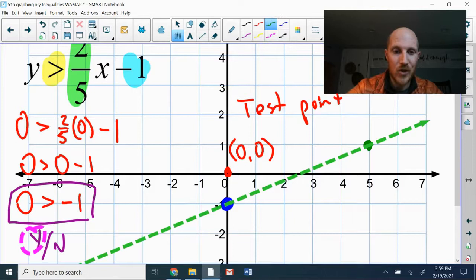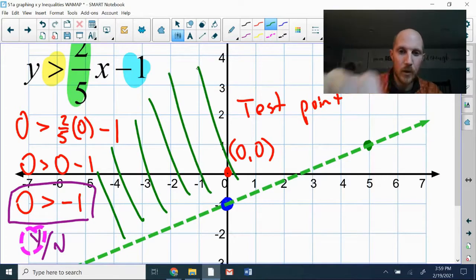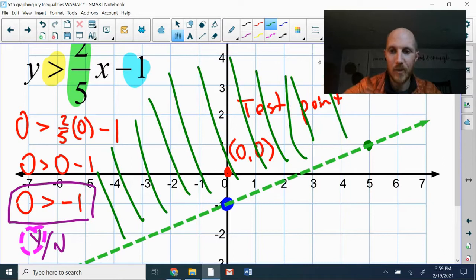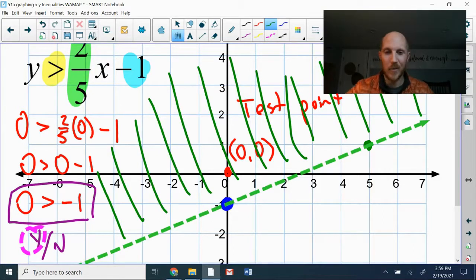So I'm going to go ahead and shade the part of the graph where the test point is. The test point is above that green line, so I would shade above. I won't go over that work there, but I don't need to keep that test point there, so I'll just shade over the top of that. And if you want to fill this in totally solid, be my guest. I'm going to leave it just with some cross hatching.